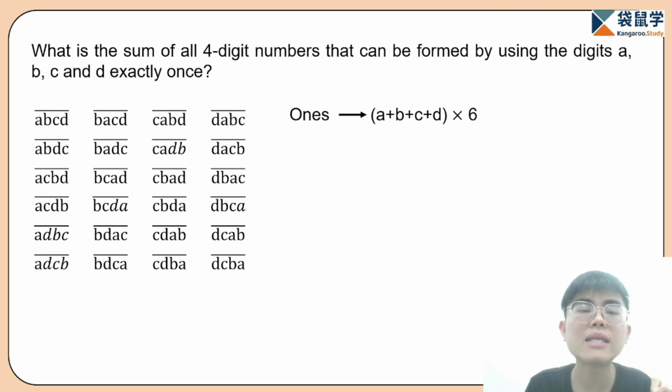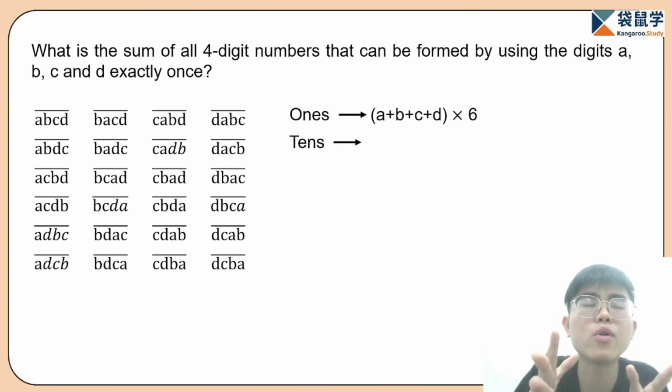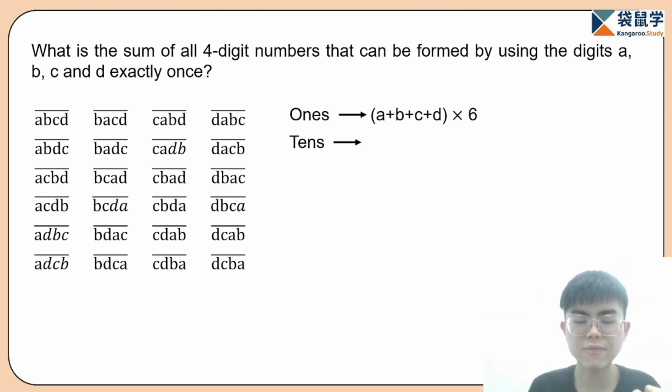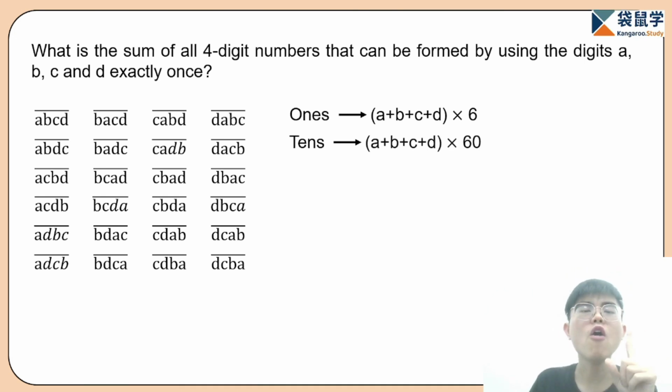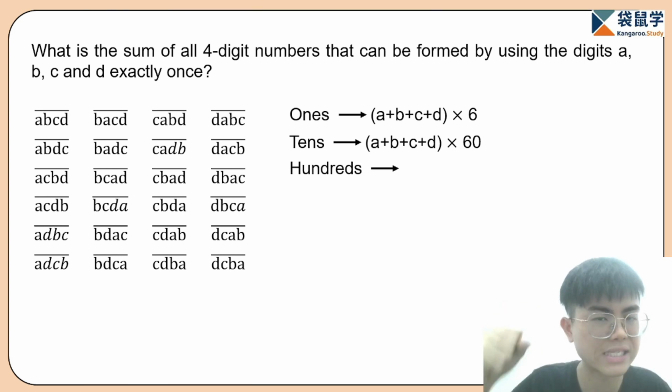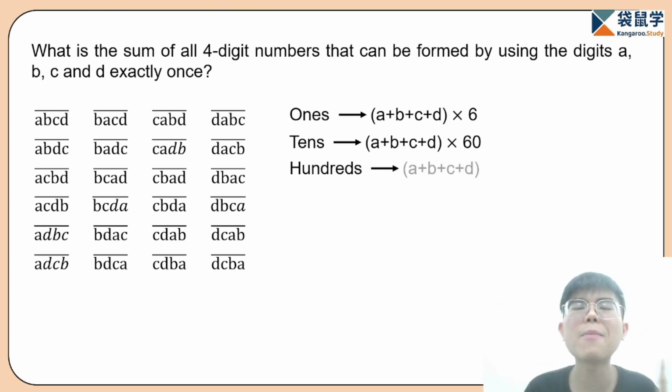And take a look at the tens place. A, B, C, D also appear 6 times. So you just have to use A plus B plus C plus D and multiply by 60. And next, for the 100 place, all of them also appear 6 times. So you just have to sum up all of the digits and multiply by 600.